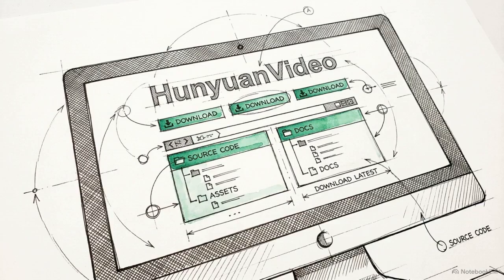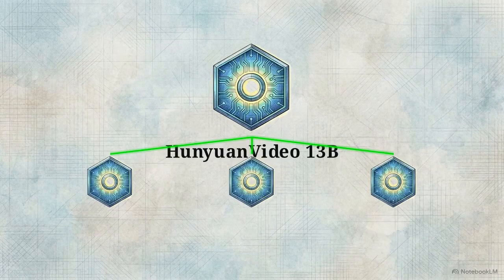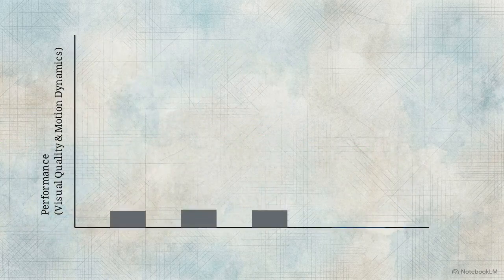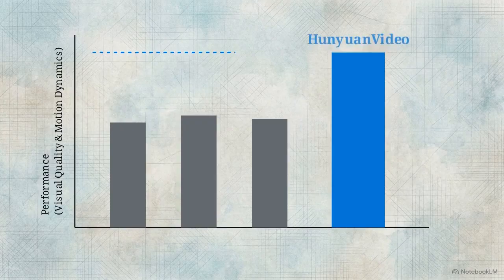Tencent's HunyuanVideo represents a move away from that model. It is a 13 billion parameter foundation model with its weights and training framework released under an open-source license. The authors provide data showing that this model matches or exceeds the visual quality and motion dynamics of its closed-source counterparts.